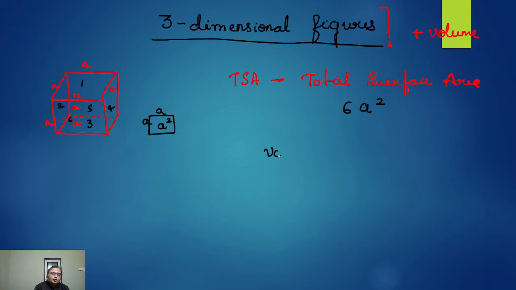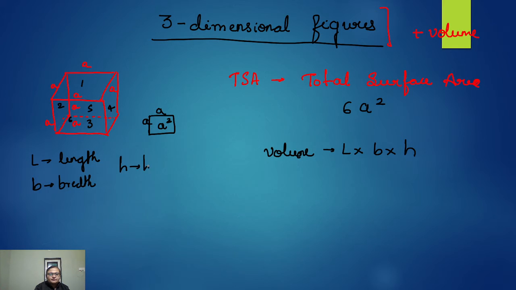Now volume is length into breadth into height. L is for length, B is for breadth and H is for height. So A into A into A will be A cube.